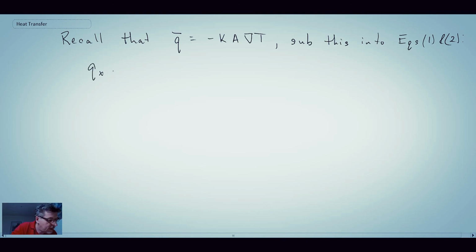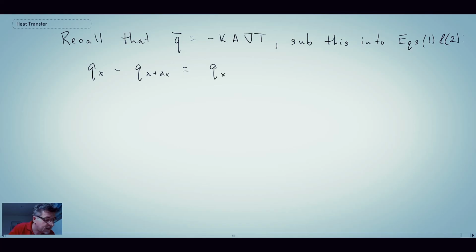So first of all, looking at qx minus qx plus dx, which appears in equation 1, I'm going to use our Taylor series expansion for that.